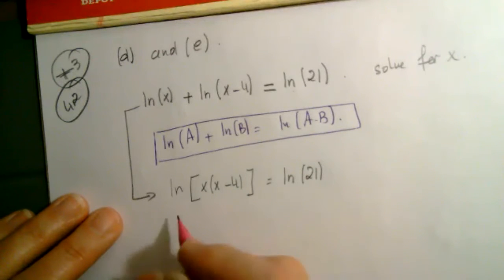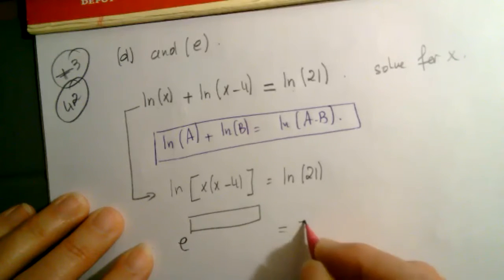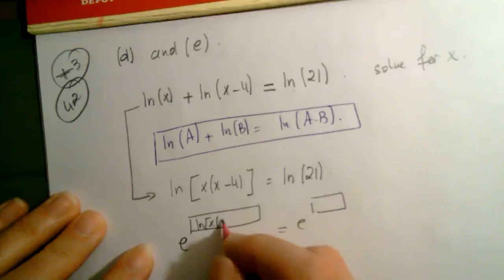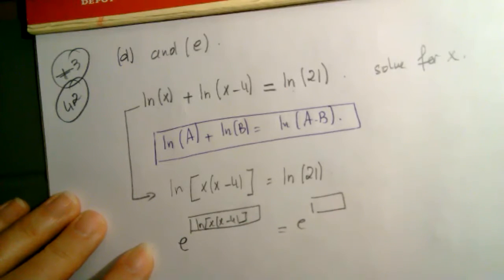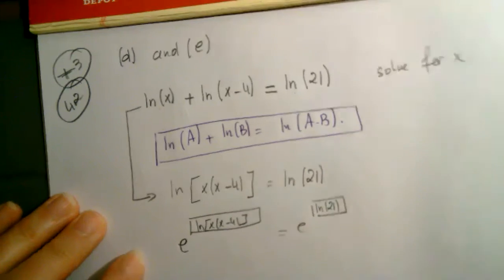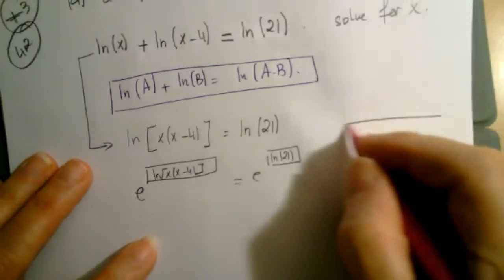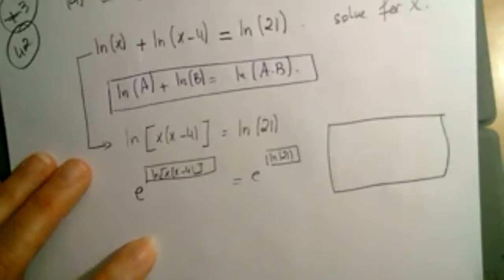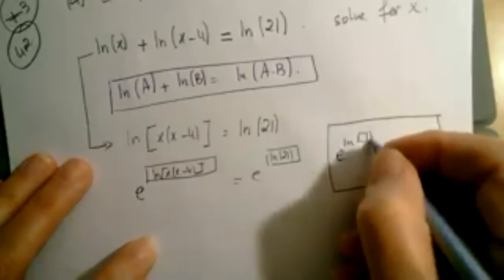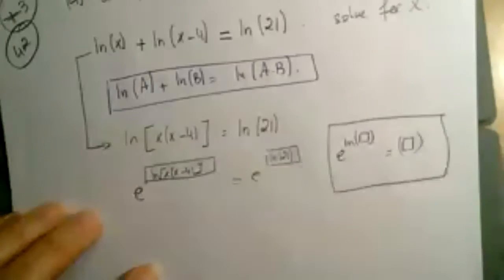Right. And then I say, okay, if those are equal, it means if I take e to the power of the first term is e to the power of the second term. And the power of this is the fact that e to the ln of whatever you put here, you get it back.